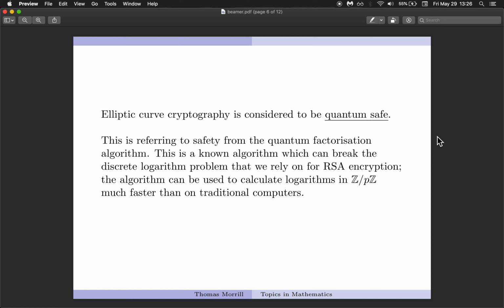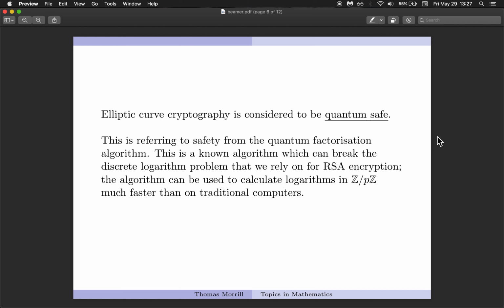We've had both of those things for a while. And the problem is the quantum factorization algorithm. I'm not going to go a whole lot into the details. This is not really a course on algorithms or in computer science, and I'm not a computer scientist. I don't have the knowledge to really explain what's going on there.